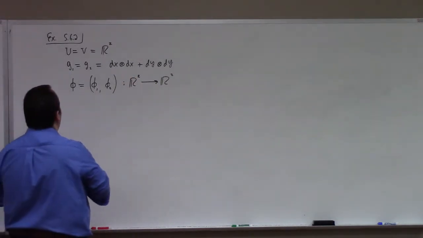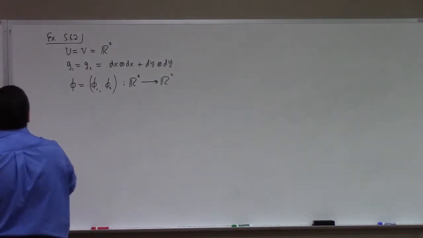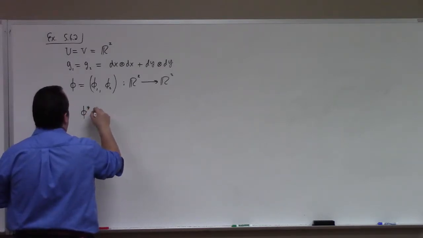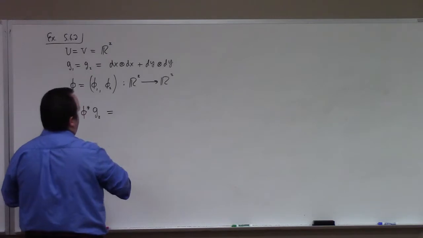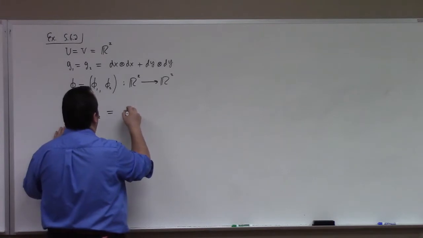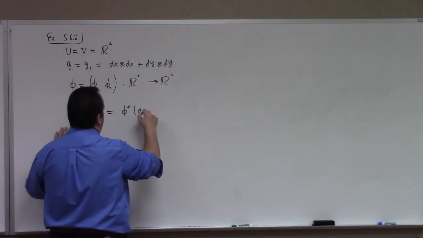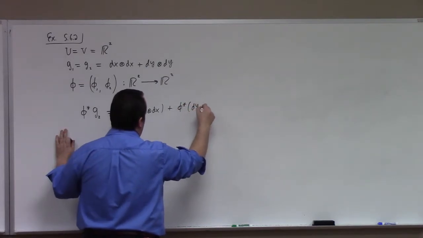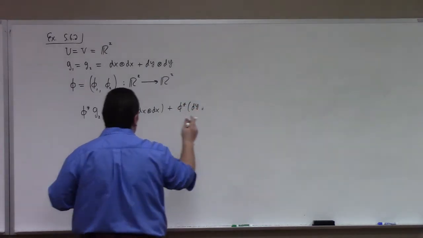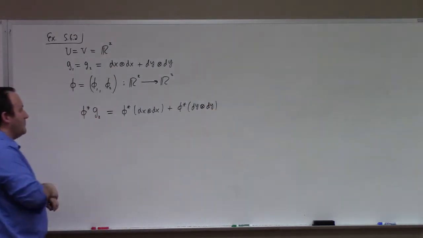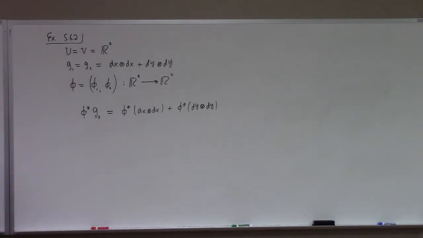So we want to calculate the pullback of G2. So it's phi pullback dx tensor dx, plus phi pullback dy tensor dy. So what's that look like?